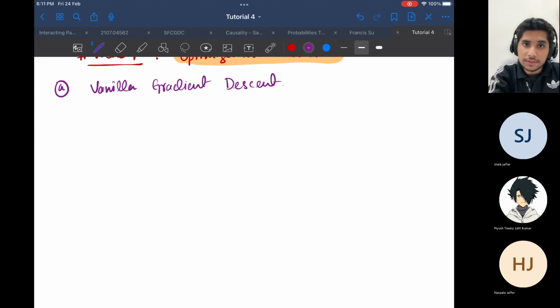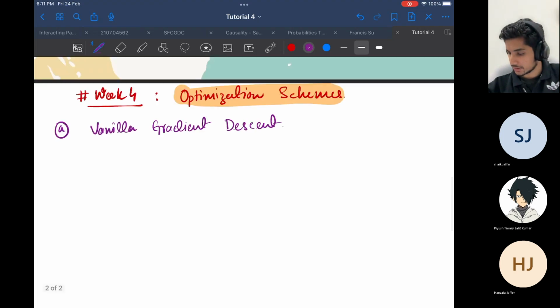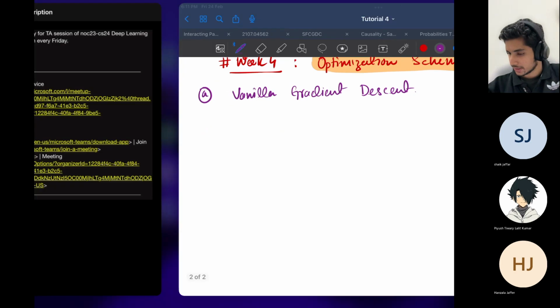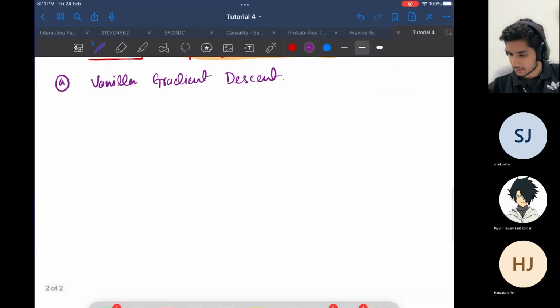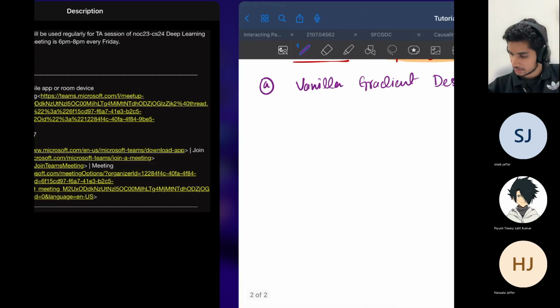Someone is saying that the screen is not visible. I don't know why this issue is happening, because whenever someone joins after the meeting has started, they are not able to see the screen. So I had to stop sharing and restart.